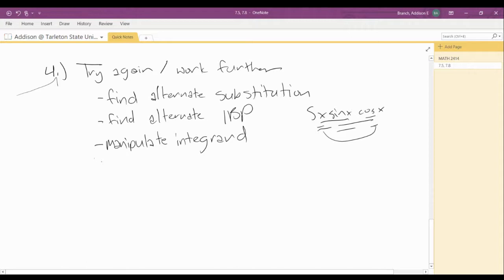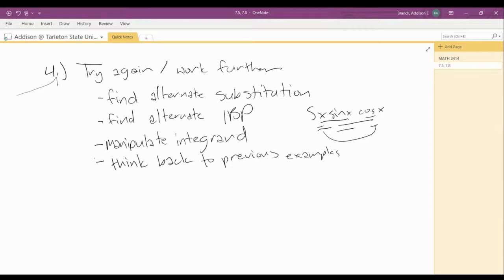Another thing that you can do is think back to previous examples and see if that'll help you. Be like, oh, we did a problem similar to this, or, hey, I got to this point in a different problem.